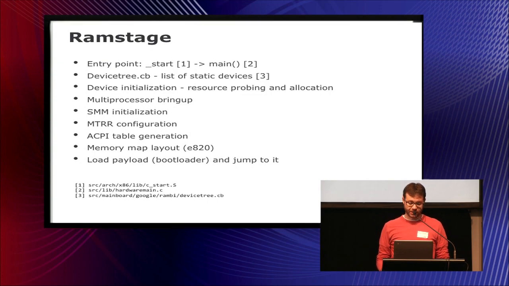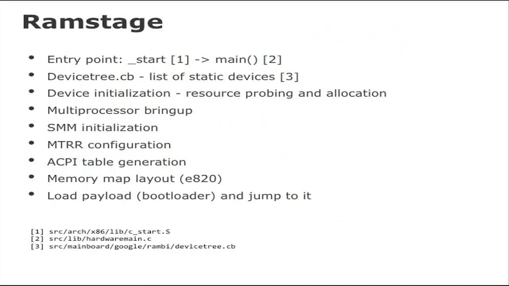Okay, so RAM stage, after we've done a vboot verification, we will then say, oh, we need to go with read-write A, for example. That will get loaded from that portion of the SPI ROM into RAM. Its entry point is at _start and C start under the x86 portion of things, and that calls main, which is the hardware main, the boot state machine that Duncan had covered.